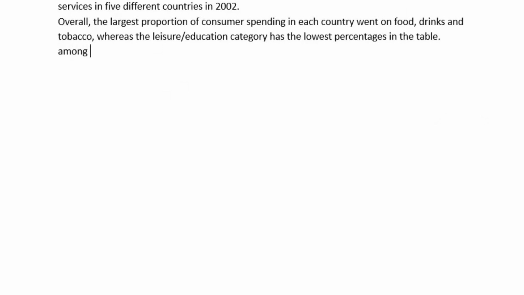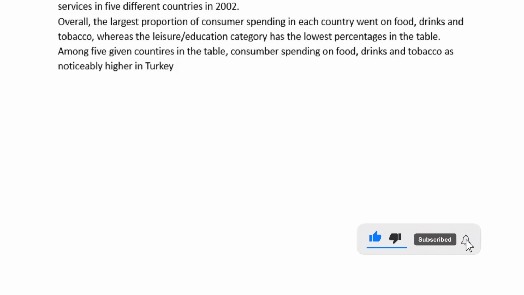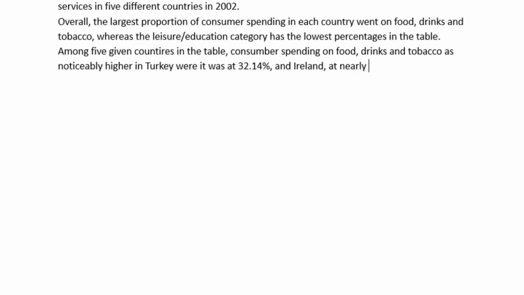So among the 5 given countries in the table, consumer spending on food, drinks, and tobacco was noticeably higher in Turkey, where it was at 32.14%, and Ireland at nearly 29%.